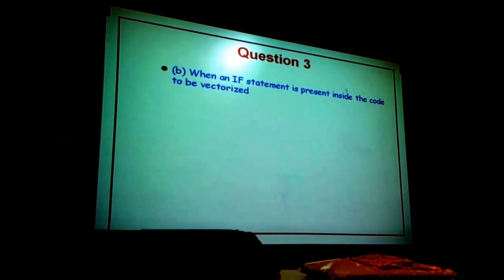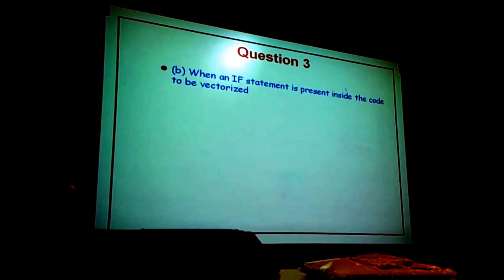What if we have some code that we want to vectorize, but this code contains an if statement? So we don't want to execute the operation on all of the elements of the vector.